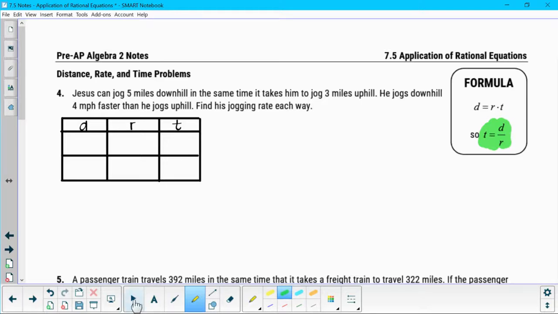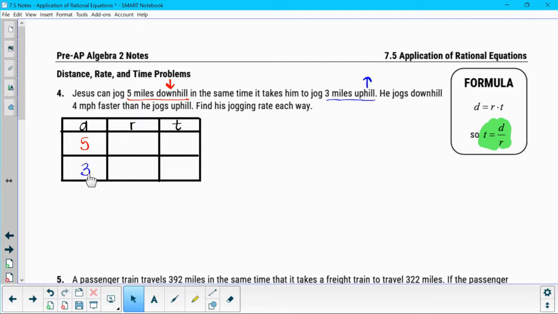So what we're going to do, we're going to sketch out a distance, rate, and time table. It's the easiest way to organize the information you have. I highly suggest you do it because it's going to help you solve the problem that much quicker. So, number 4, Jesus can jog 5 miles downhill, that's his distance, in the same time it takes him to jog 3 miles uphill, that's his other distance.